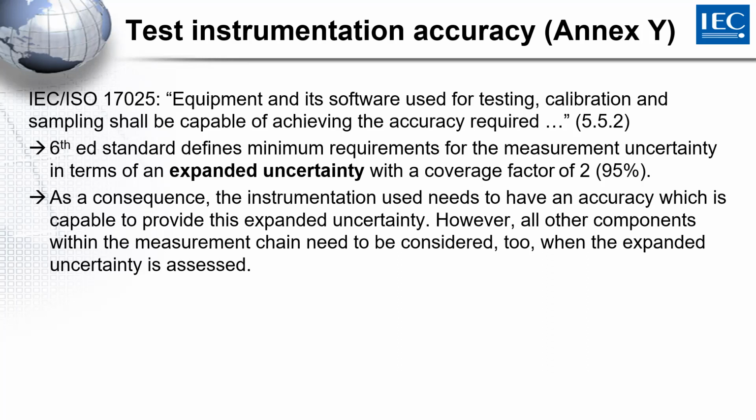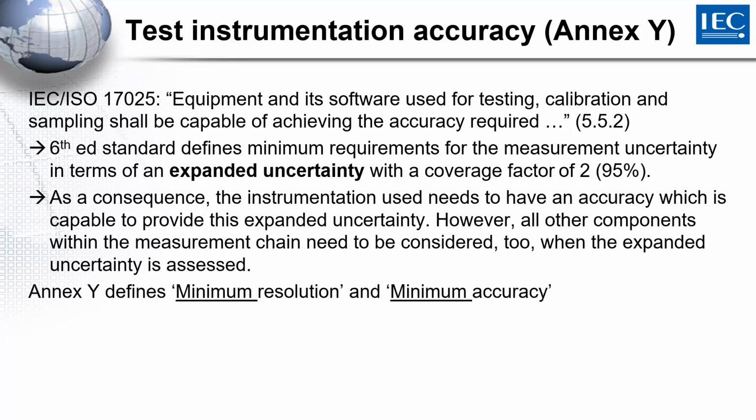And so these are all linked together, and they are defining the overall accuracy. And therefore you have to look at the whole measurement chain and think about what are the accuracies of the individual parts of this chain. And this will form then the overall expanded uncertainty of a measurement.